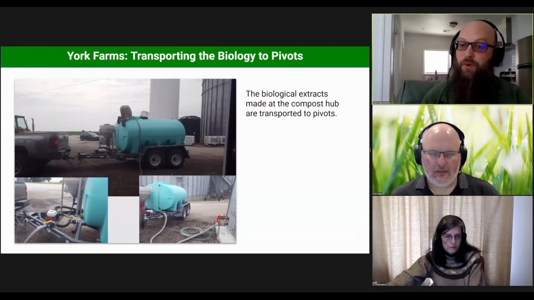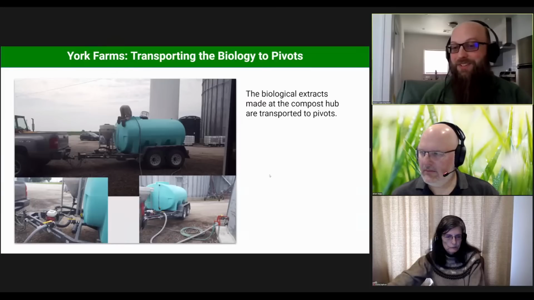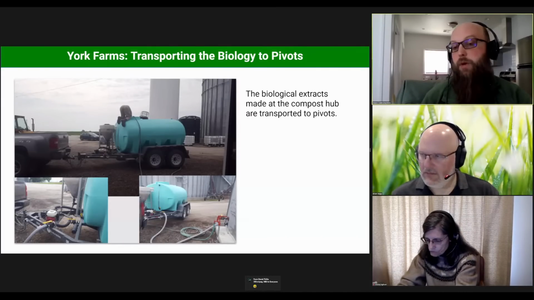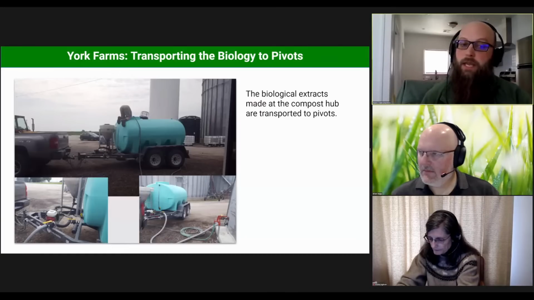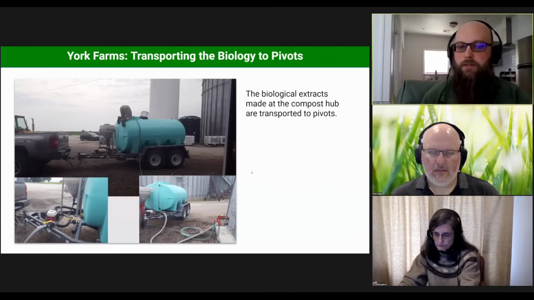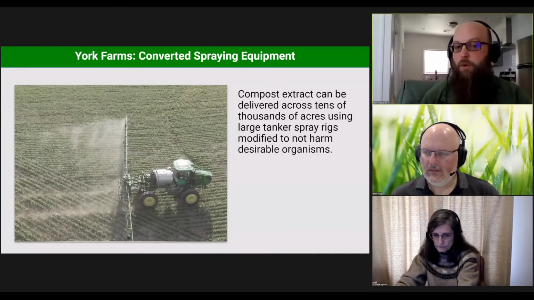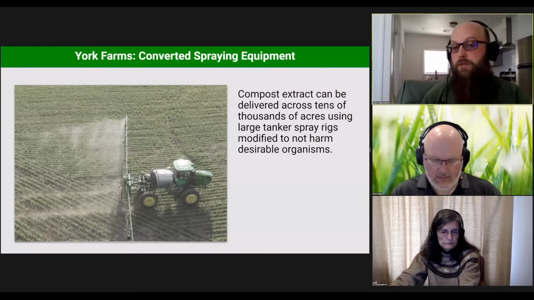Things that used to spray toxic chemicals onto the landscape can be adapted, cleaned carefully, tested, and that same kind of equipment can instead be used to spread living soil organisms. And then I think we just have one other example slide here of the kind of tractor-based equipment that can be used to spray as well.